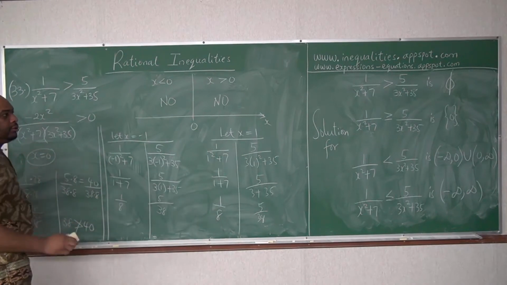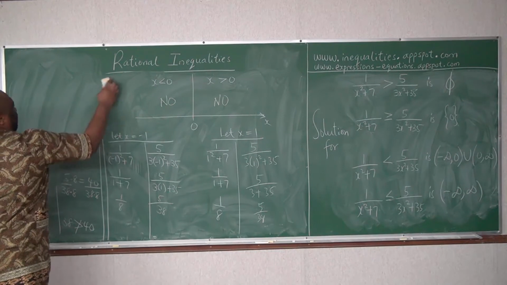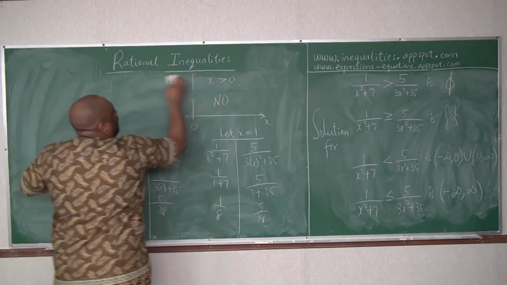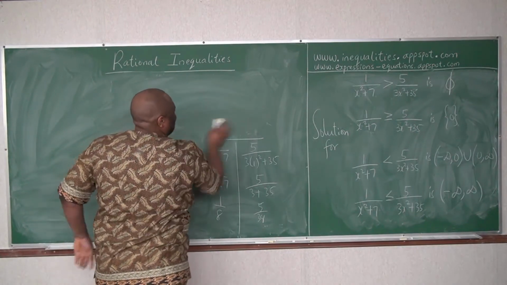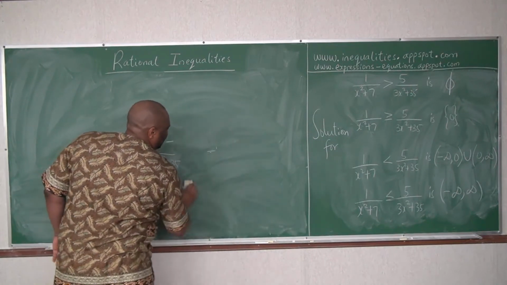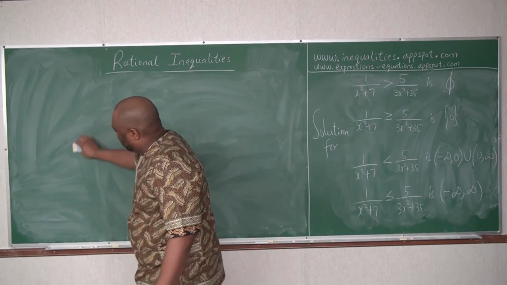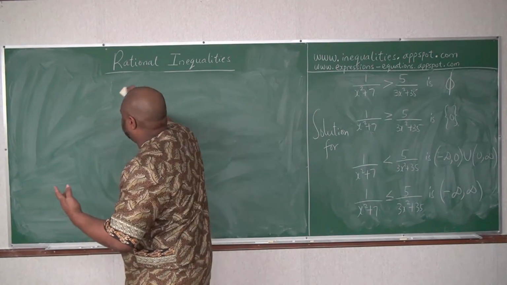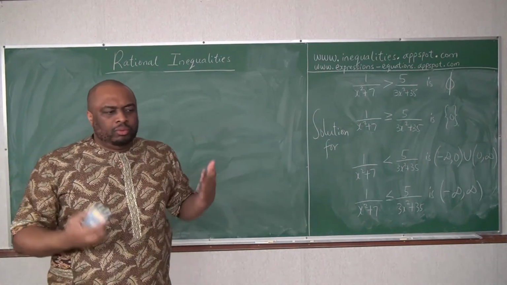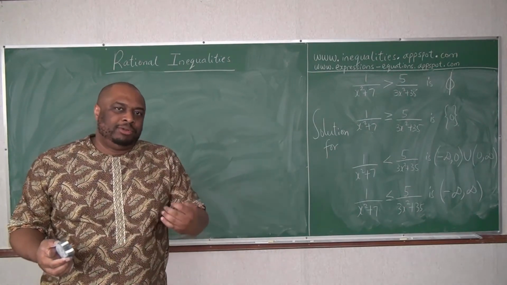So we move on to question 37. The one we just did now is a little bit tricky. When you find out that we didn't have test points from the denominator, we have to use the numerator.